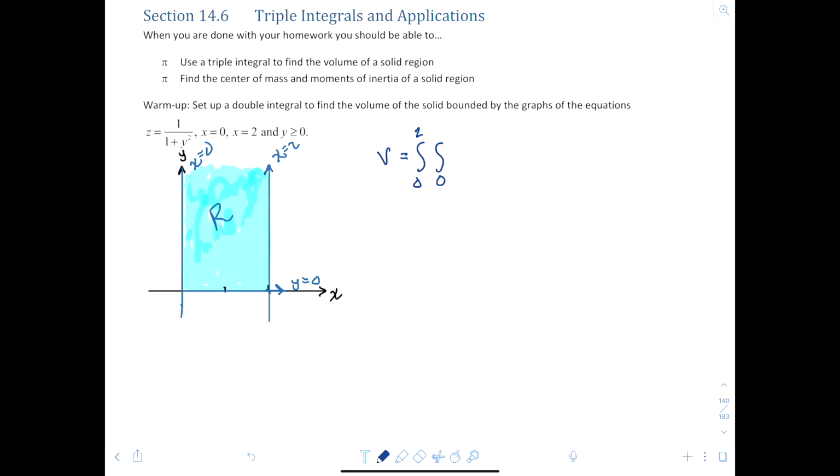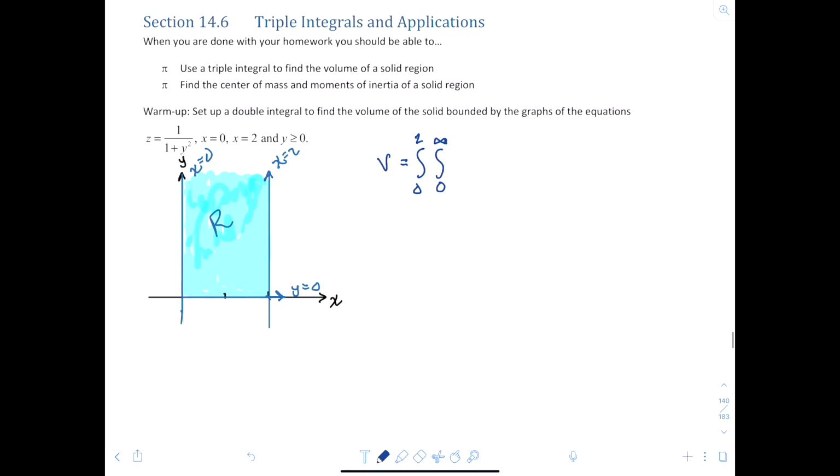Y is improper, but it's bound from 0 up to infinity. And then we have this 1 over 1 plus y squared, and we'll go for dy dx.